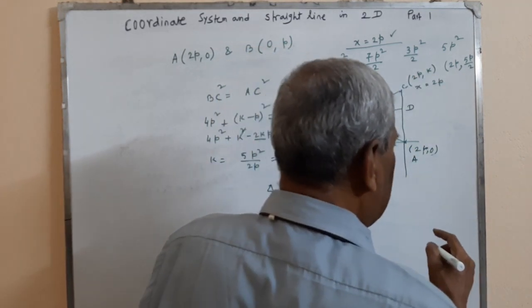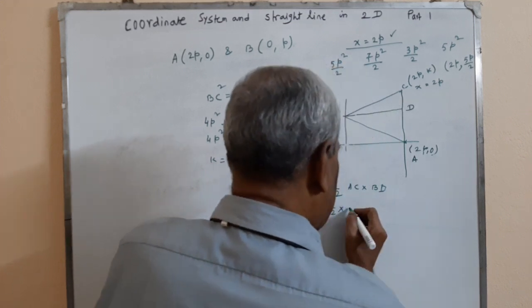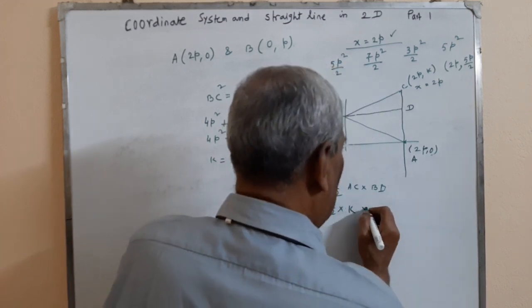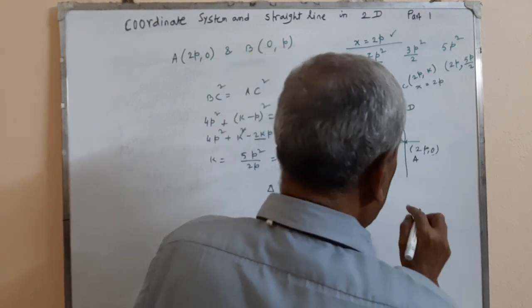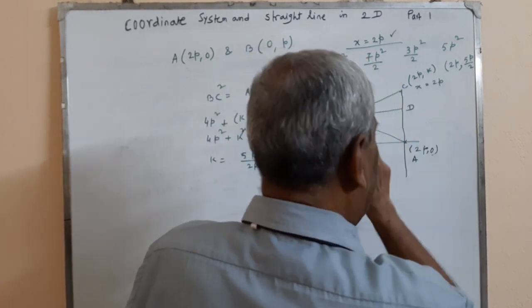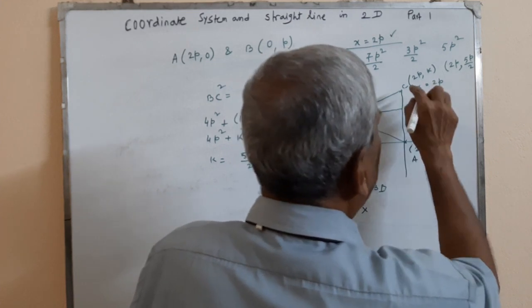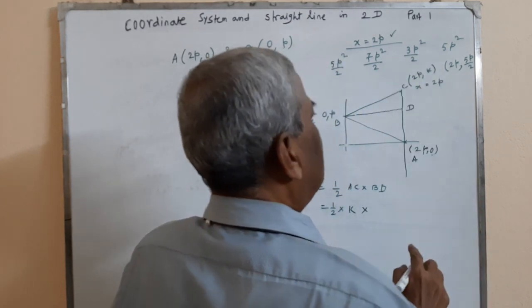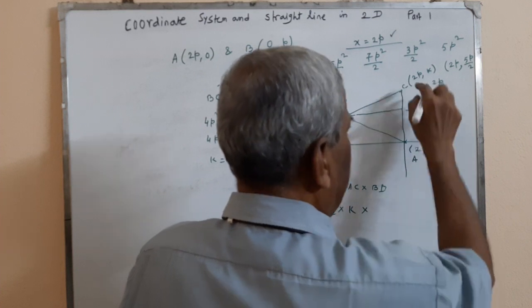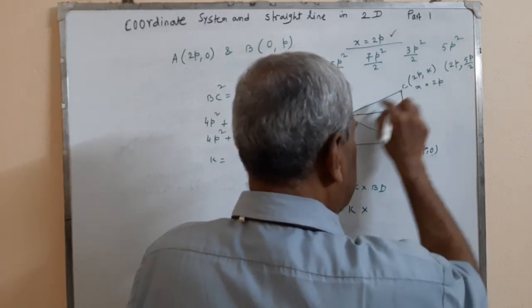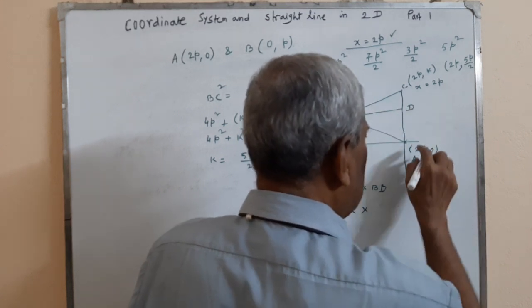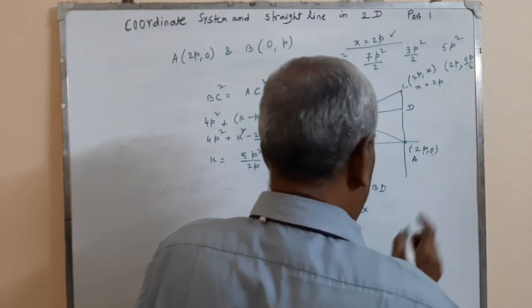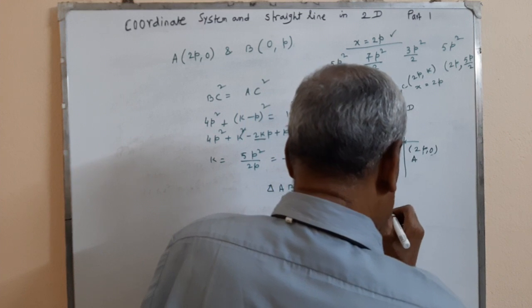Distance is square root of (k minus 0) whole square. And this is into BD. BD from this to that is actually the x coordinate of the point C, because this is equal to that, x coordinate of that. So another 2p.